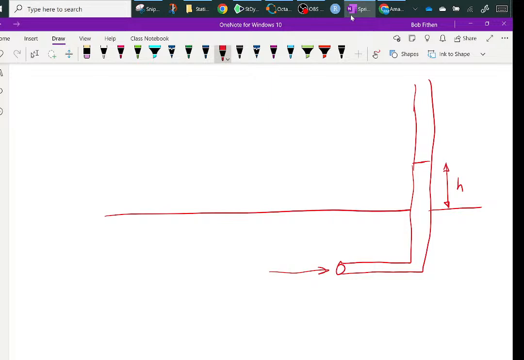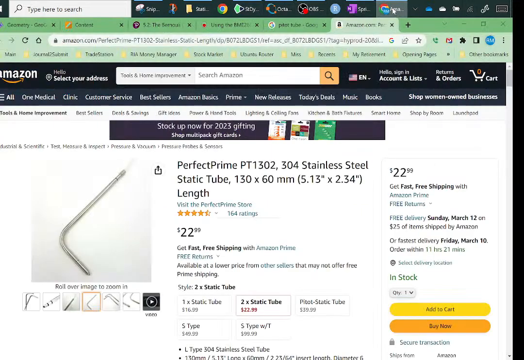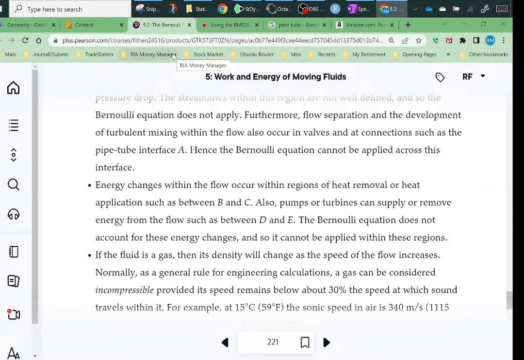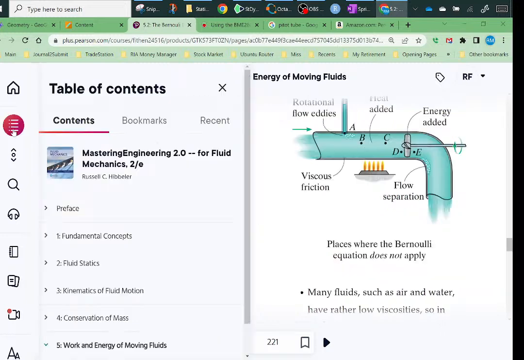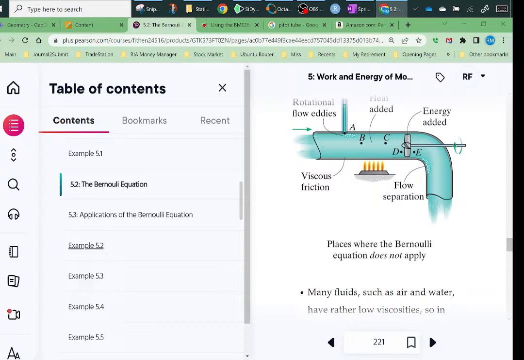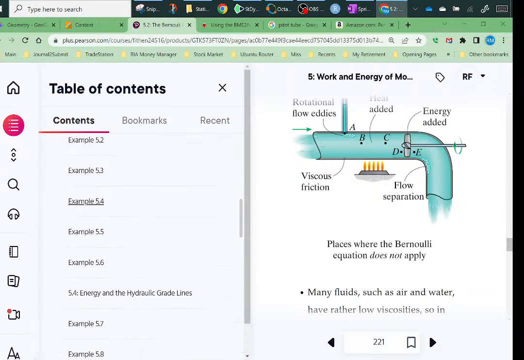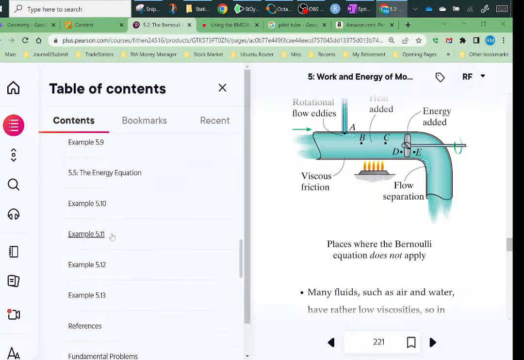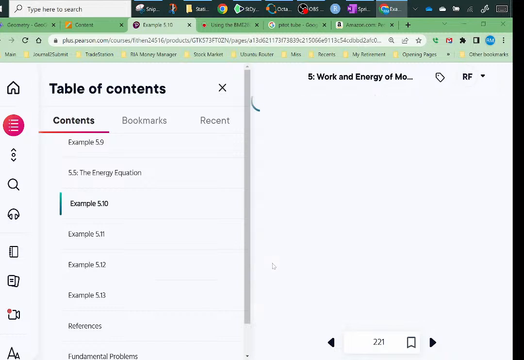I do not know where the problems associated with this are, but maybe they are at the end of that. Applications of the moves, then a bunch of problems. Energy and hydraulic grade line. The energy equation, we'll save that for thermo.